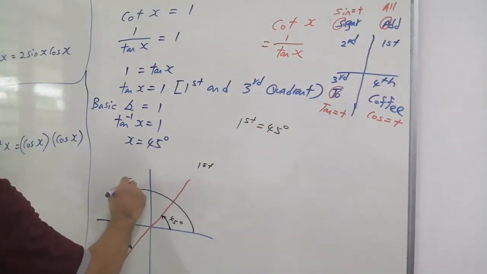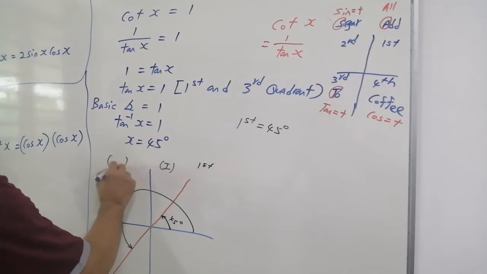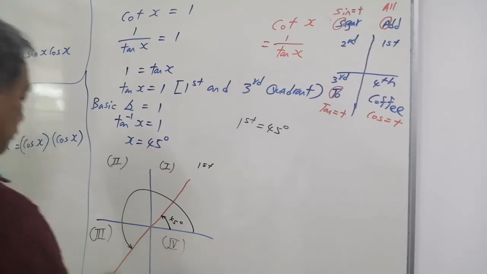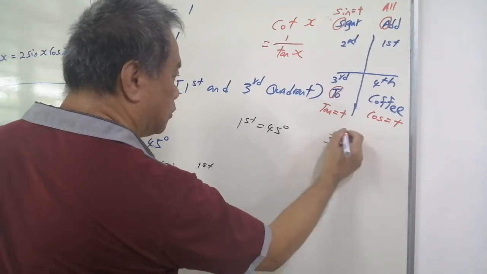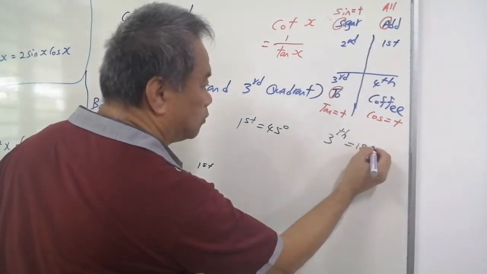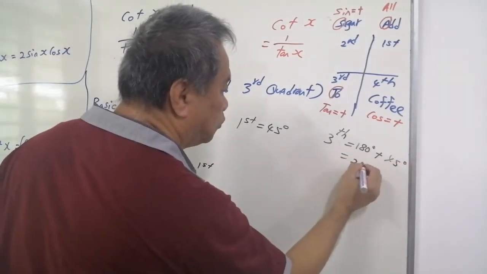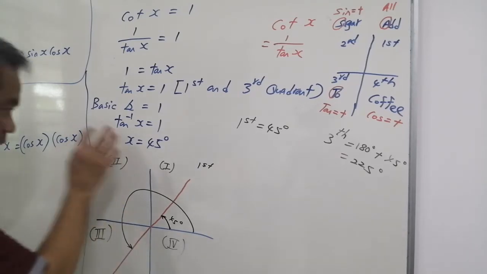First quadrant, second, third quadrant, then fourth quadrant. So the third quadrant here will be equal to, from here to here, 180 plus 45, definitely 225 degrees. 225. I hope you understand now. The third quadrant here will be 180 plus the basic angle. So your basic angle is 45.